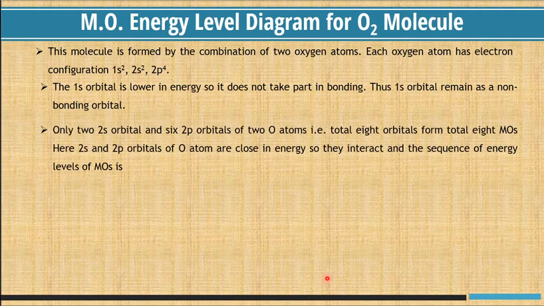Only the 2s orbital and 6 2p orbitals of the two oxygen atoms, that is total 8 orbitals, form total 8 molecular orbitals.